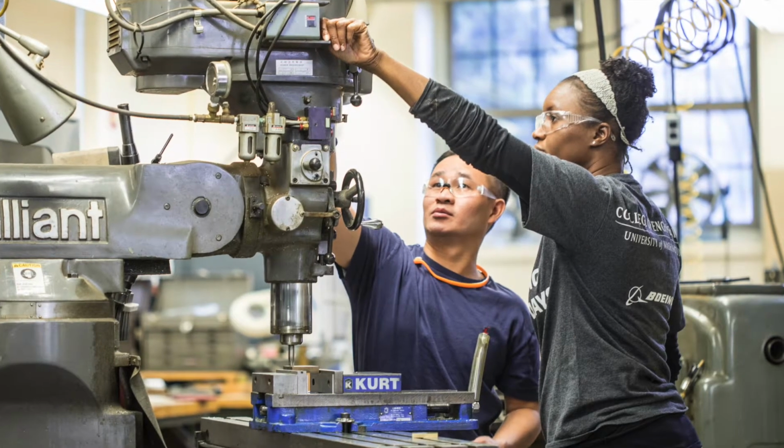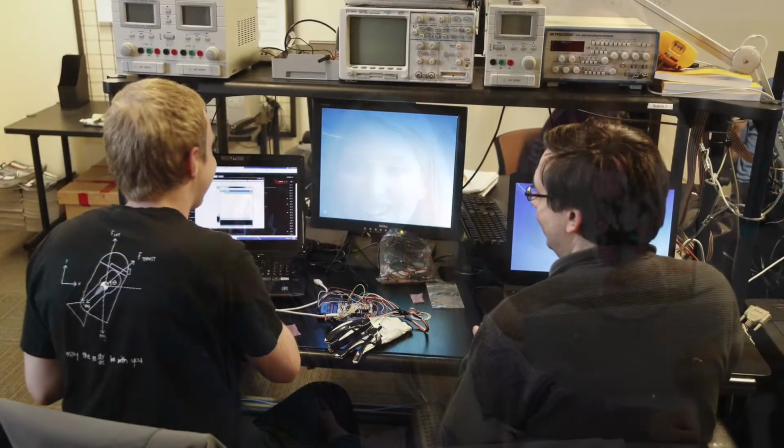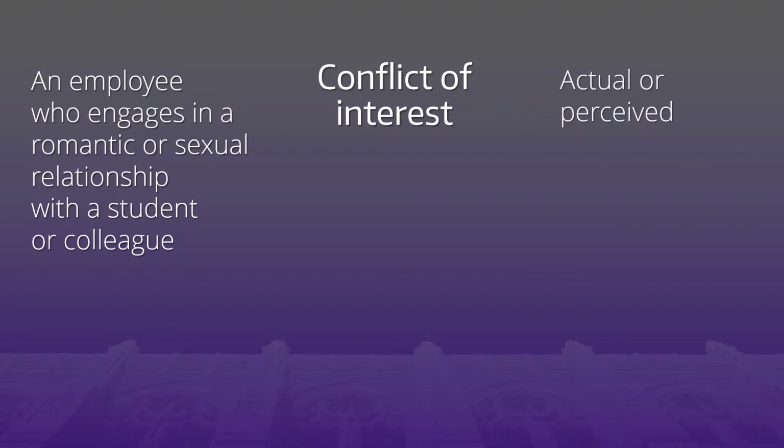If sexual harassment is unwelcome conduct, then what about when the conduct is welcome? Even consensual relationships that begin in the workplace, classroom, or lab can be a problem. An employee who engages in a romantic or sexual relationship with a student or colleague can create a conflict of interest, either actual or perceived.